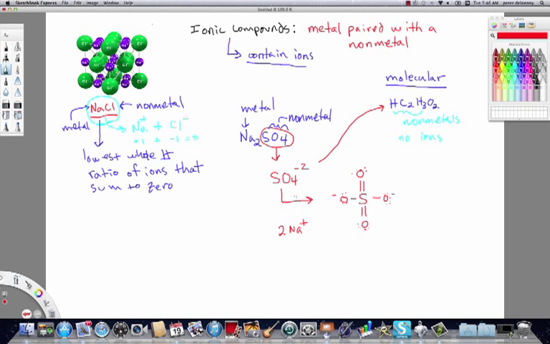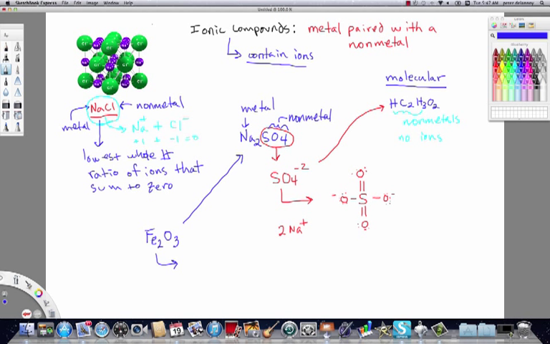All right, now let's look at another example. This is another ionic compound, and in contrast to the sodium sulfate, this one does not contain a molecular ion.